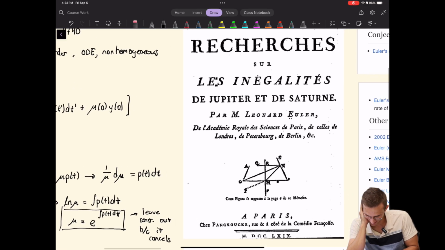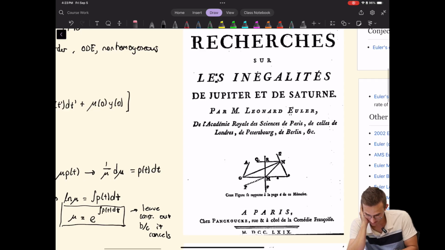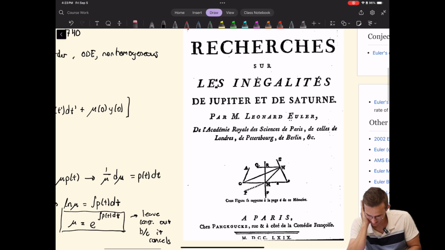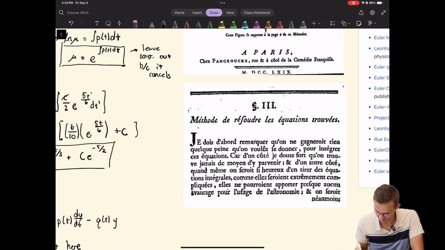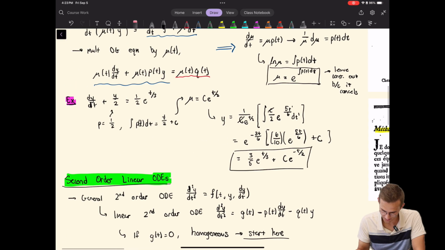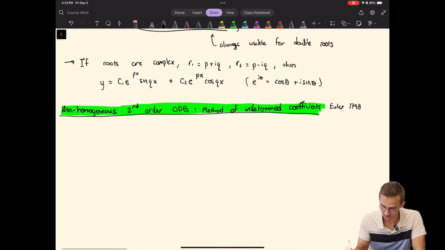Basically, this is French, of course, but you can see it's talking about these inequalities, these perturbations to Jupiter's orbit due to Saturn's presence, and then you can see here where he's talking about the method of undetermined coefficients right here, and he proceeds to lay out the method that had never been used before to solve that problem.